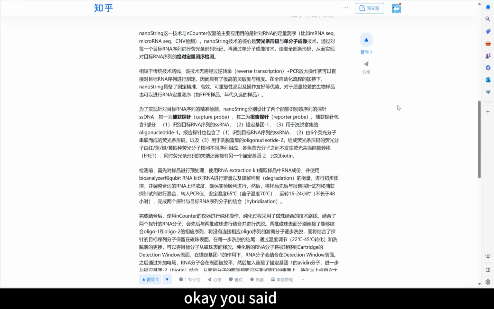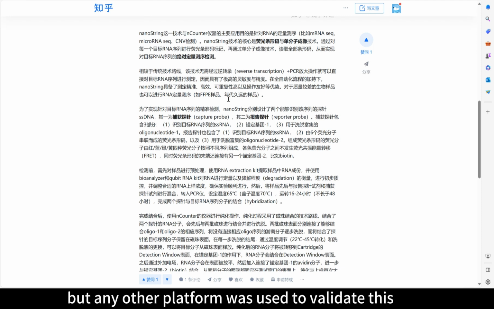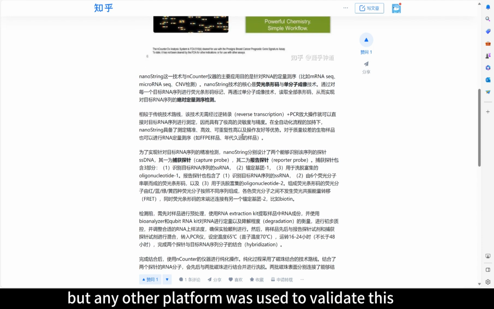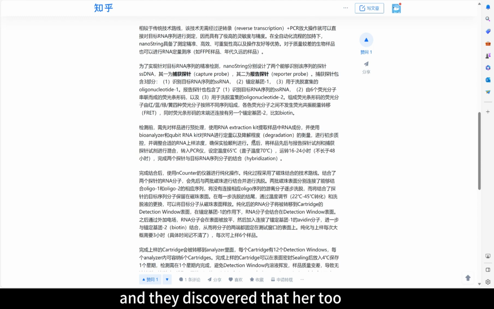You said the study did RNA sequencing to get HER2 in breast cancer, but was any other platform used to validate this? In your study, RNA sequencing was done to find, and they discovered that HER2 was the biological marker, right?